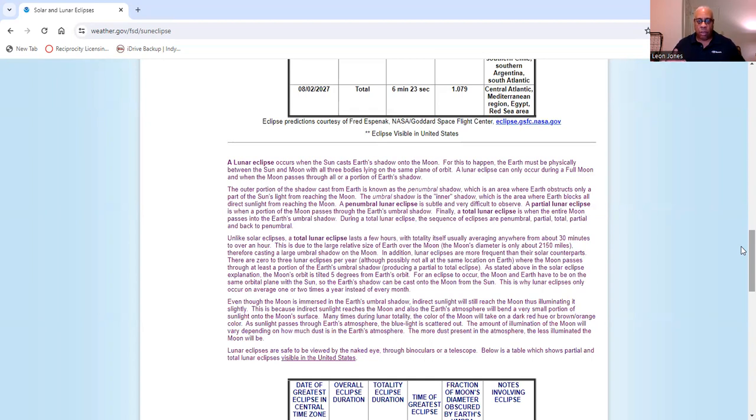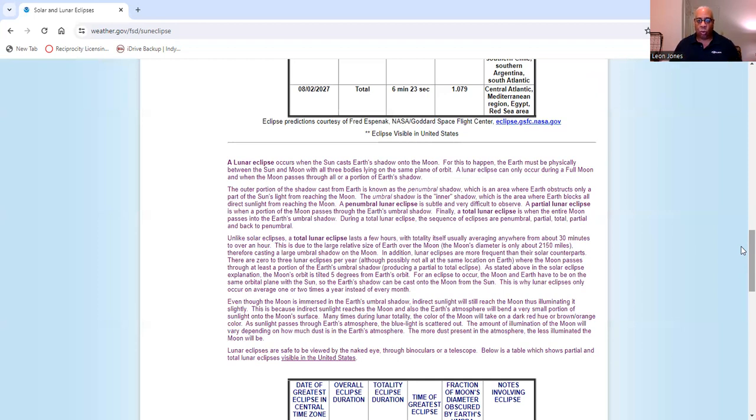So, a penumbral lunar eclipse is subtle and very difficult to observe. Now, a partial lunar eclipse is when a portion of the moon passes through the Earth's umbral shadow. Finally, a total lunar eclipse is when the entire moon passes into the Earth's umbral shadow.